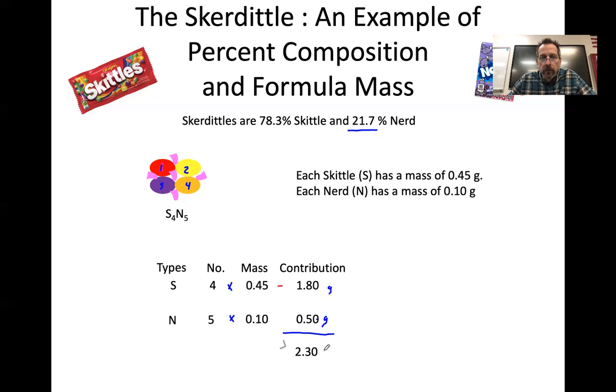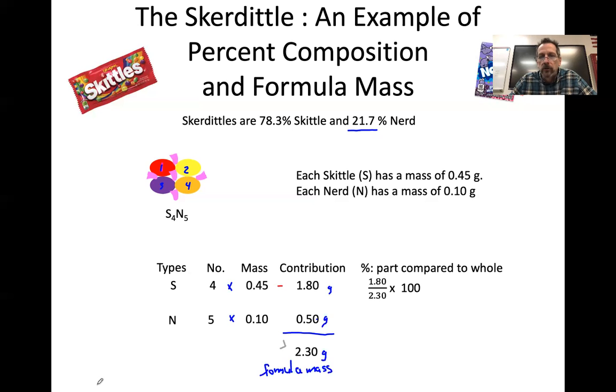Out of that 2.30 grams, only 1.80 comes from Skittle, only 0.5 comes from nerd. So we compare the parts to the whole. Now the whole is actually called formula mass. We're comparing the part from Skittle, 1.80, to the whole, 2.30, and that whole we call the formula mass. It's kind of like the mass of the entire formula.